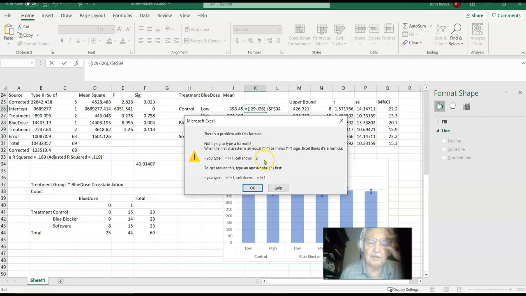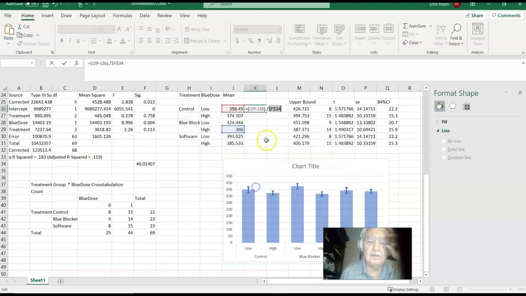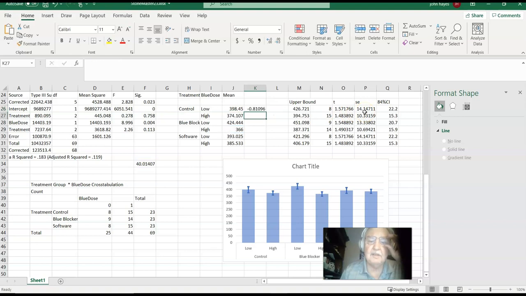Problem with the formula. Oh, there's a decimal point in there for some reason. Okay, so look at that. It's a pretty good size. Effect size. Not great, but okay.